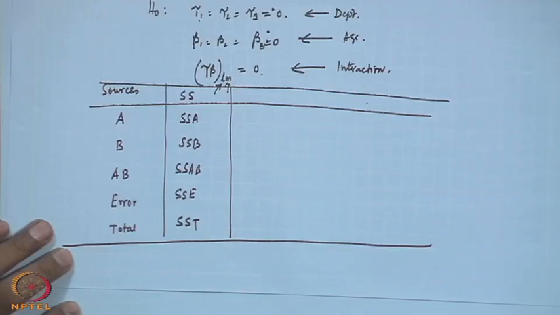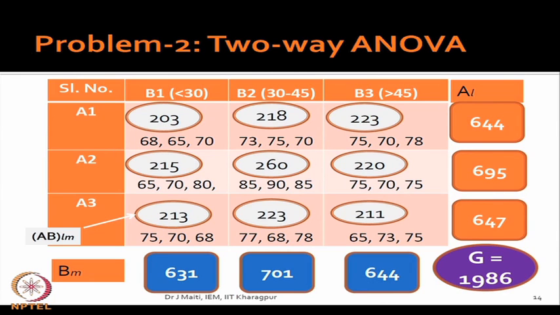So, how do you compute this? What will be your computation of SSA? You just see this table. So, see what is the total across A1?